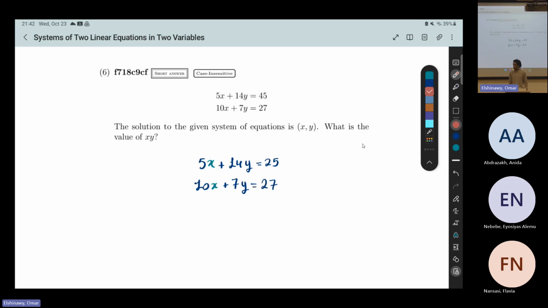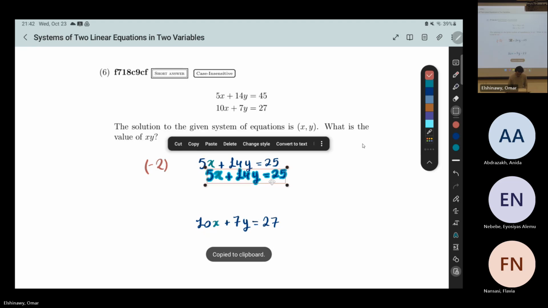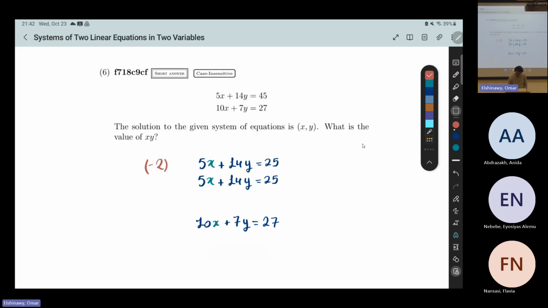And that's what's amazing about it. So let's try this method, I'll multiply this by -2. So if I multiply this first equation by -2, I get, well, 5 times -2 is -10.